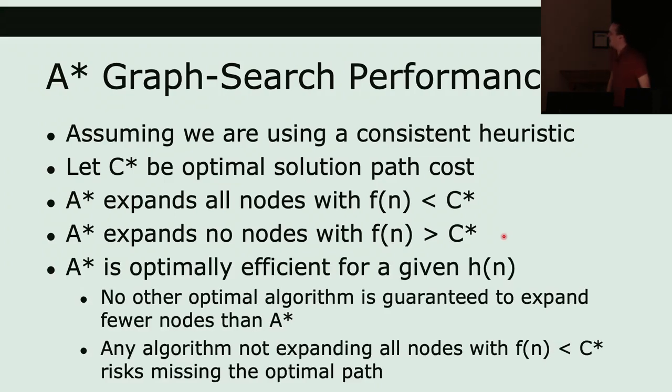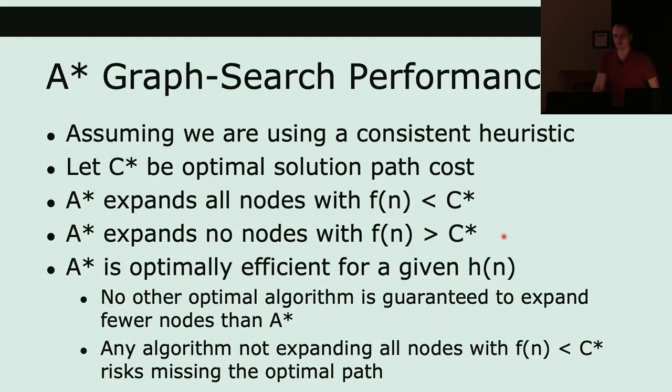So this means that A-star is optimally efficient for a given h of n. And it is not very often that we can say that something is optimally efficient. Like we have found the best algorithm, right? So no other algorithm is guaranteed to expand fewer nodes than A-star. Why?